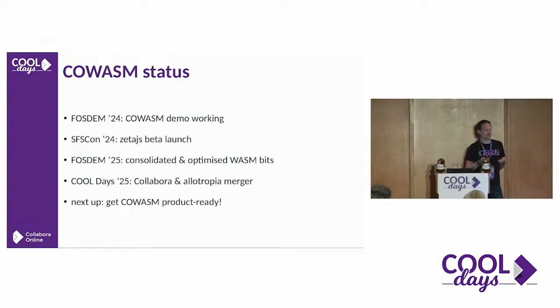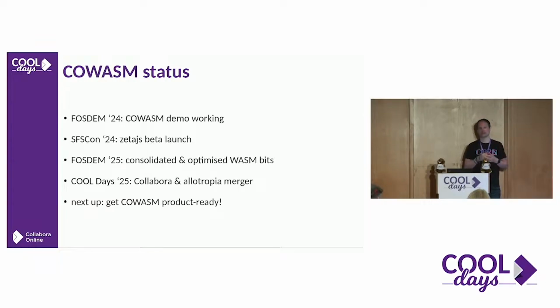The status there, as I said, FOSDEM 24, the demo was working. We then did quite a lot of work on the Allotropia side with Zeta.js, with this nice JavaScript UNO binding, and a lot of productizing and optimizing. Long story short, where we are now is that we have quite a number of options, and we have to figure out how to do that in the best way. Probably it's going to be CoWASM, with getting the most recent improvements that we did on Zeta.js into that.